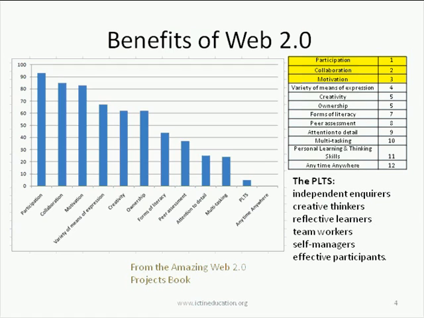They probably didn't know what it was, which is quite silly of me to put it like that, really. But I've listed the personal learning and thinking skills on the right-hand side there, and as you can see, it's independent inquirers, creative thinkers, reflective learners, team workers, self-managers, and people who can participate effectively.